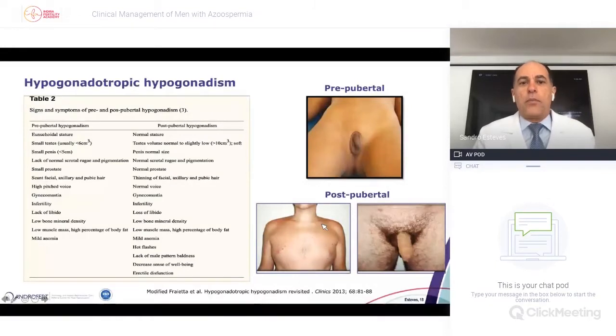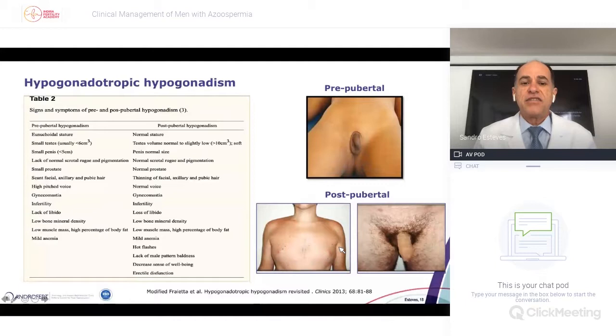By contrast, in post-pubertal hypogonadism, the testicles are usually more developed. They are not so small as compared with patients with pre-pubertal hypo-hypo. We see some virilization, as you can see in the pictures in the bottom part of the slide. The patient has infertility, most often azoospermia.